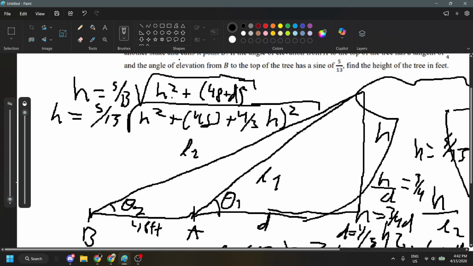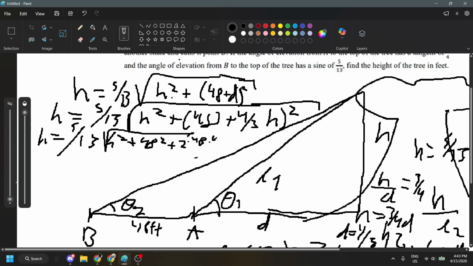Distributing this, h is equal to 5/13 square root of h squared plus 48 squared plus 2 times 48 times 4/3 h plus 16/9 h squared. We could square both sides actually.